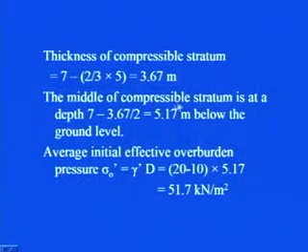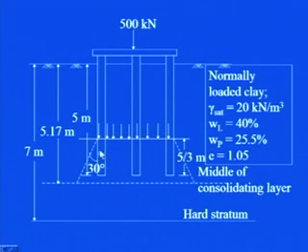So the middle of the compressible stratum is at a depth of 7 minus 3.67 by 2. You can see here that this is where the middle of the consolidating layer is. If you place your raft here, the equivalent width, the contributing part, will be this, because here it is a hard stratum which is lying at 7 meter.